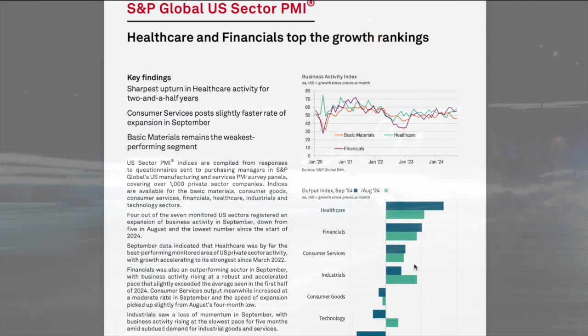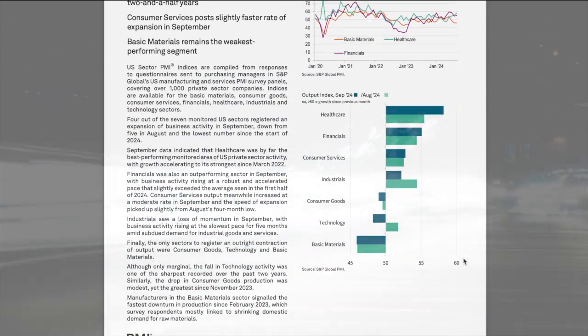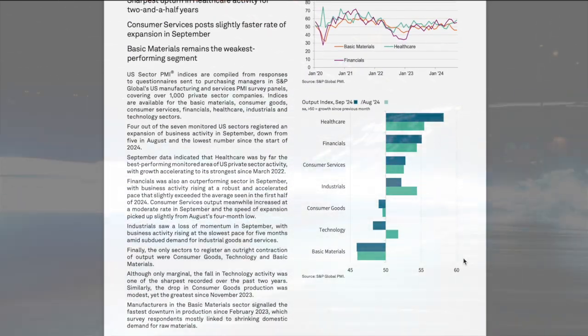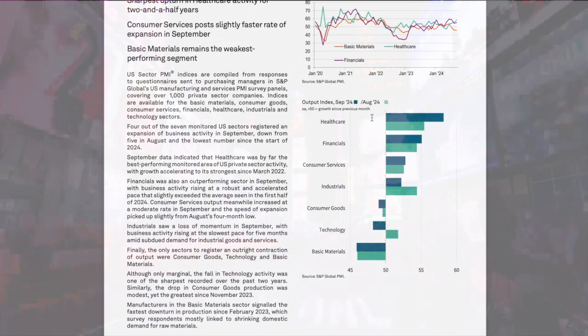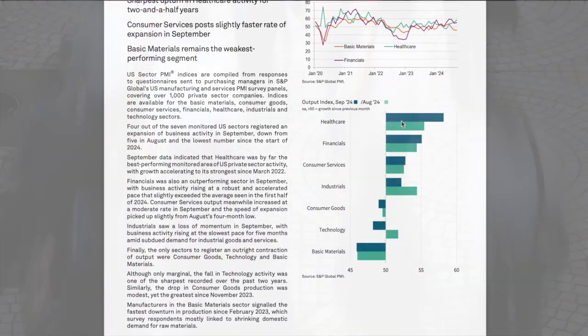So here we have the actual PMI results by sector. So you can see in the month of September 2024, the healthcare sector is around 56, 57, while the basic materials is around 46. So this one is contracting month on month, while this one is expanding month on month.